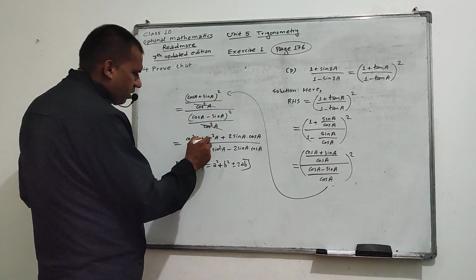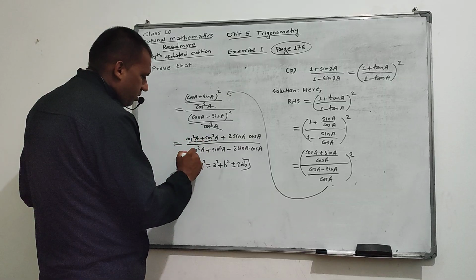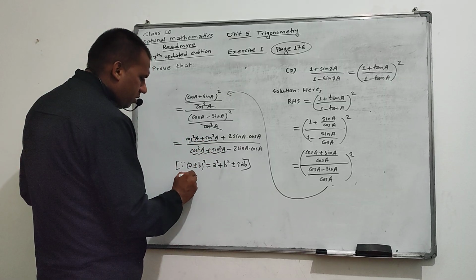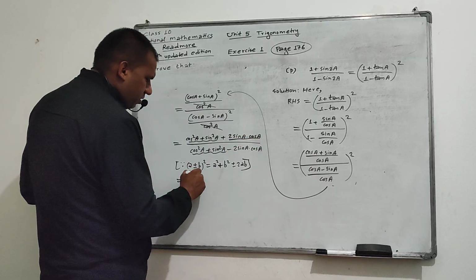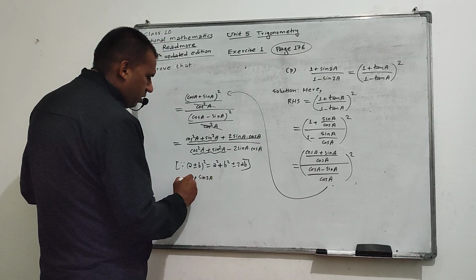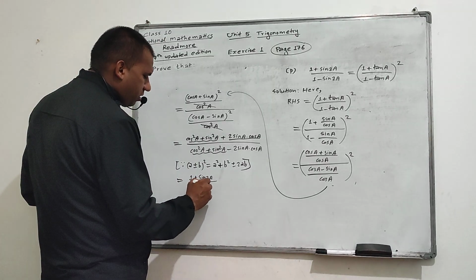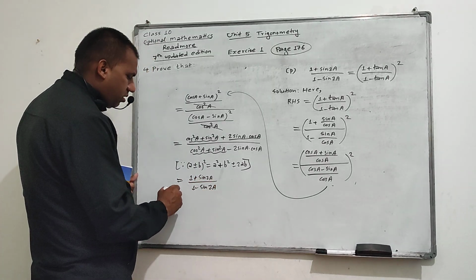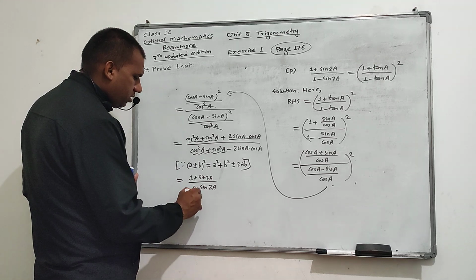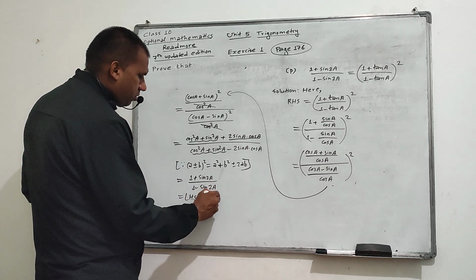Now cos square plus sine square, its value is 1, so 2 sine a cos a is sine 2a. Similarly 1 minus 2 sine a cos a is 1 minus sine 2a. This is the LHS. So proved.